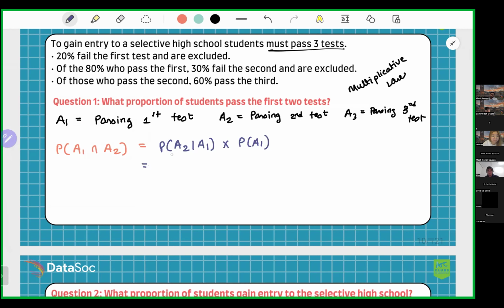So what's probability of A2 given A1? How do we read this? What is the probability of passing second test given the student has already passed the first test?